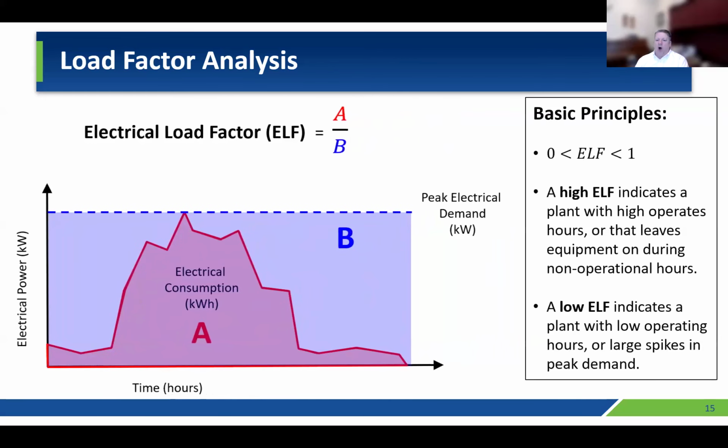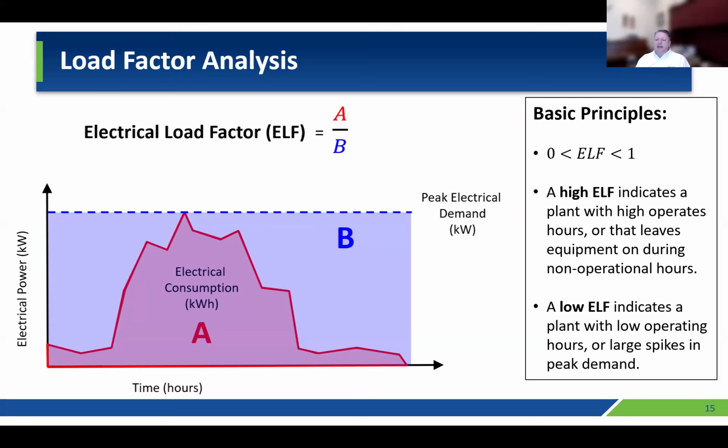The electrical load factor always will be between 0 and 1, and a high electrical load factor indicates a plant that either is operating 23 or 24 hours a day, or a plant that is leaving on a lot of equipment during the nighttime or non-production hours when they don't need to. A low electrical load factor indicates a plant that may have either low operating hours, or they have problems with large spikes in peak demand.